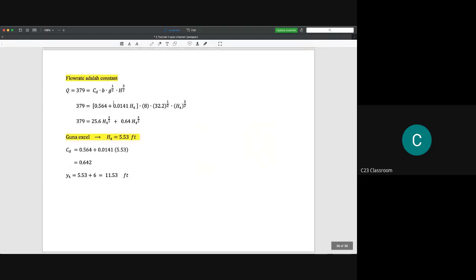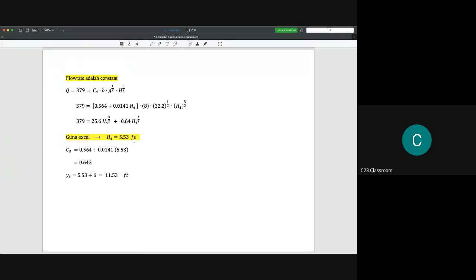So we substitute the value of CD, and then we substitute all the parameters here. We have one equation like this, and the only unknown parameter is H, so we could use the trial and error method. We calculate that H is equal to 5.53 feet.